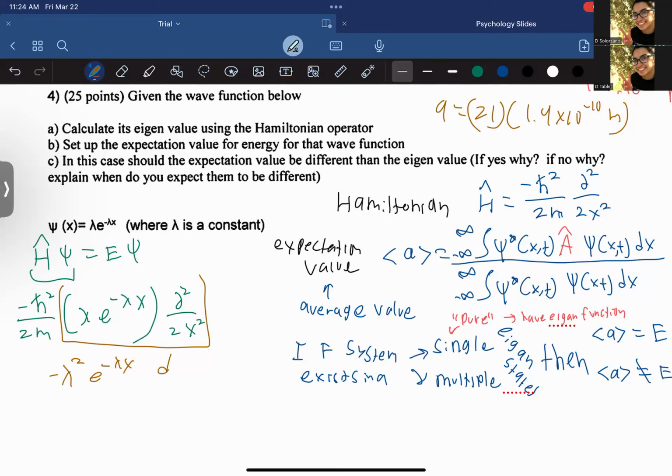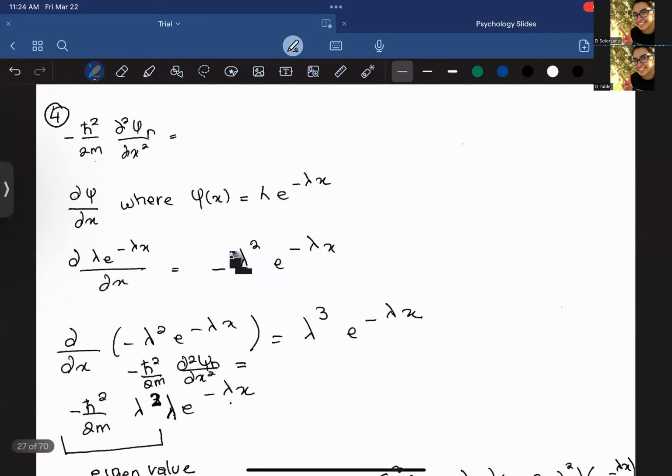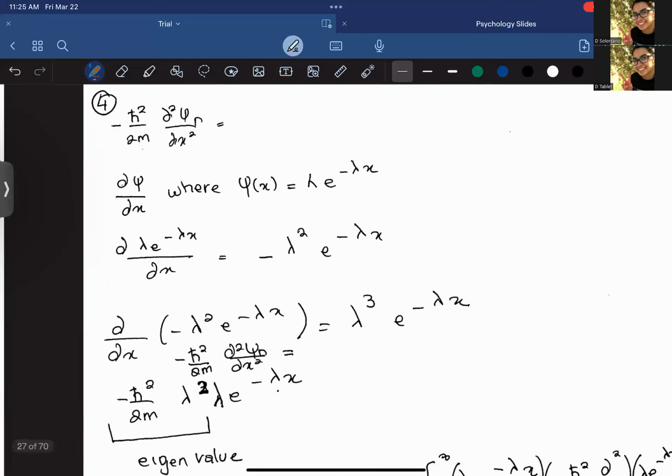And then we're just going to have our partial derivative once more. Do I have a 2 under there? Is that right? We'll check that. Oh no, my notes are just wonky.